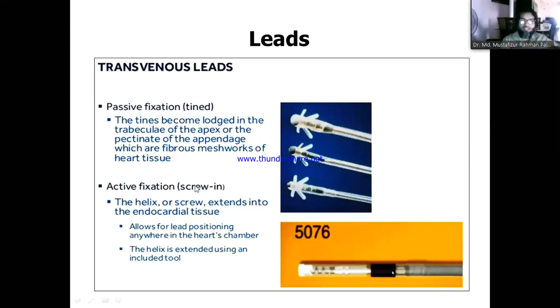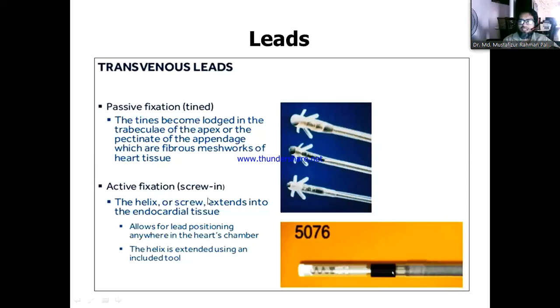There are two types of transvenous leads, the passively fixed and the actively fixed. Passive fixation is by the tines, and these are the passive fixation leads. The tines become lodged in the trabecular apex of the pectinate appendage of the right ventricle, where the meshwork of heart tissue originates. So it attaches there.